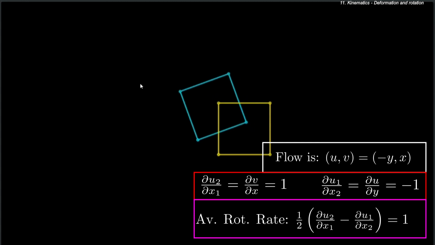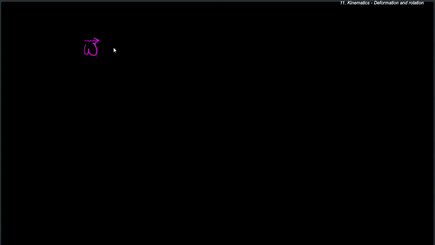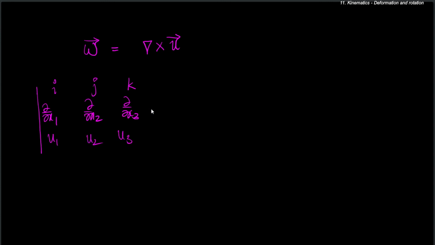The vorticity of a flow is defined as the omega vector. It is the curl of the velocity field. And the curl, if I want to write it in a Cartesian form, is the determinant with i, j, k; del del x1, del del x2, del del x3; and u1, u2, u3.